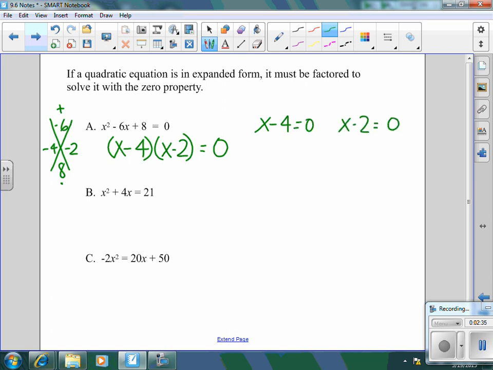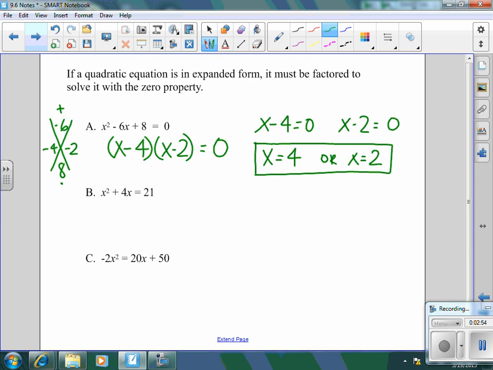And we get our two solutions. x can equal 4, or x could be 2. And if we were to graph our equation to check it, we would see that the graph crosses at 4 and again at 2. You can also plug 4 and 2 back into your equation and make sure that it gives you 0.